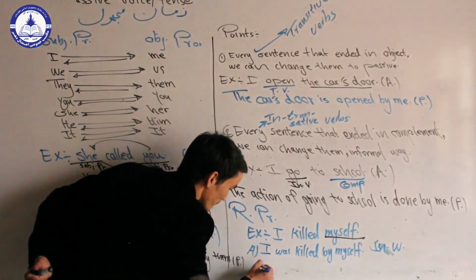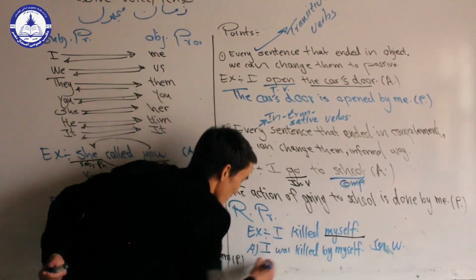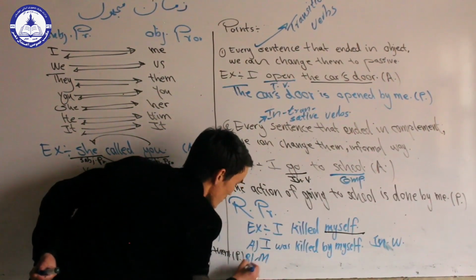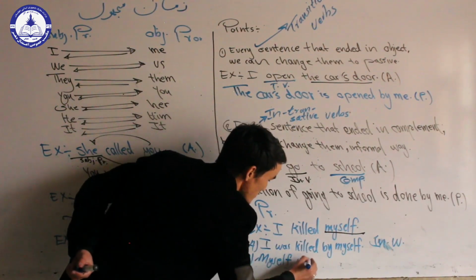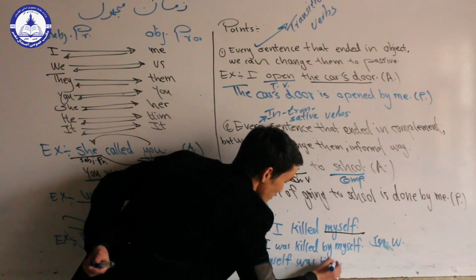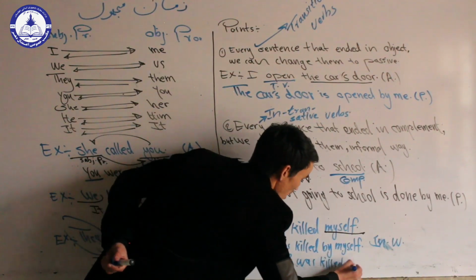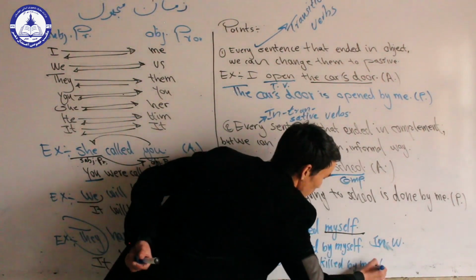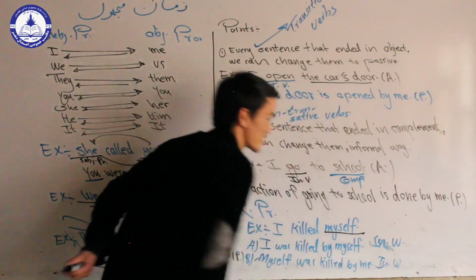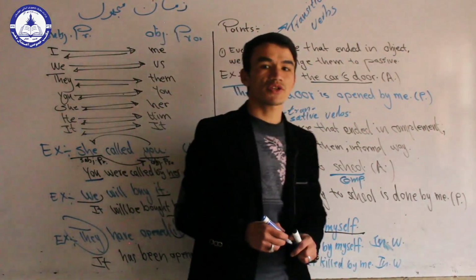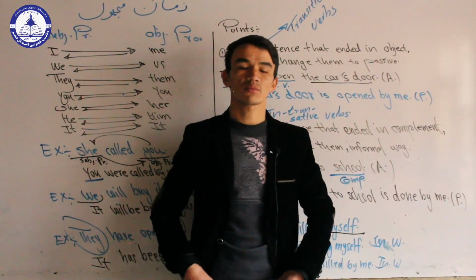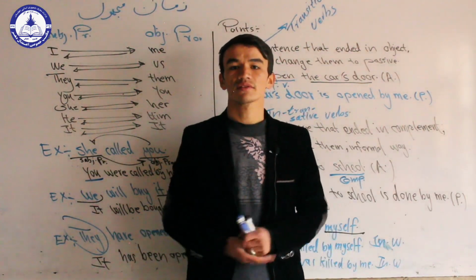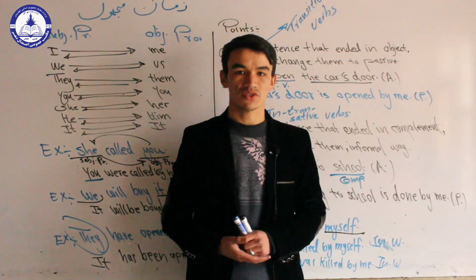And next, change the place: myself was killed by me. But it is not too common. In the majority of English grammar books, they say it's unchangeable, you can't change it.